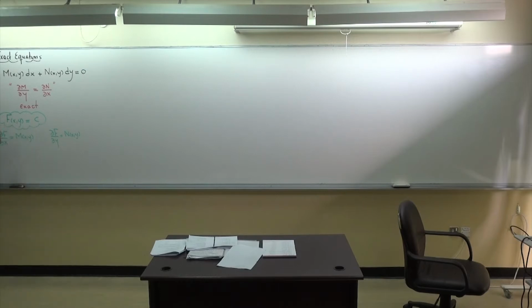Then, to find that function of y, we use something we haven't used yet, df/dy equals N. That means you differentiate with respect to y and set the derivative equal to N. From that step, you solve for g prime of y, and integration gives you g of y. Once you put them all together, this is your general solution. So it's a three-step process: integration, differentiation, and integration.